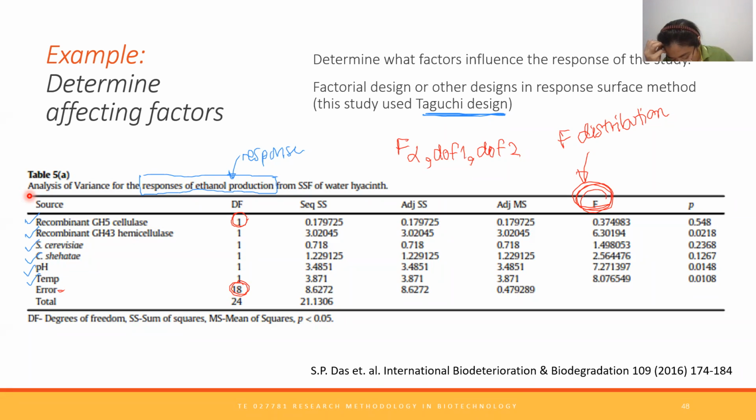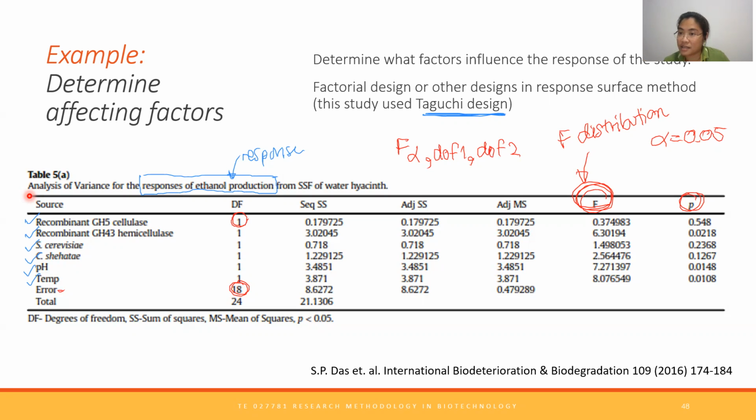But most of the programs, apart from the F, actually give you the P values already, okay? For example, if the alpha that this person wants to use is 0.05, you just compare the P values that they use with 0.05.